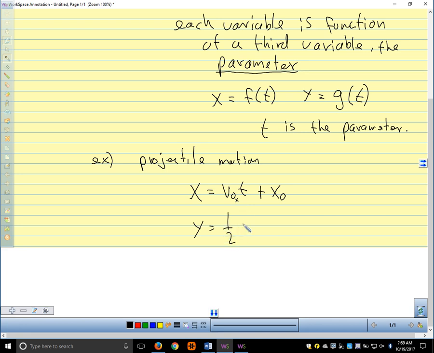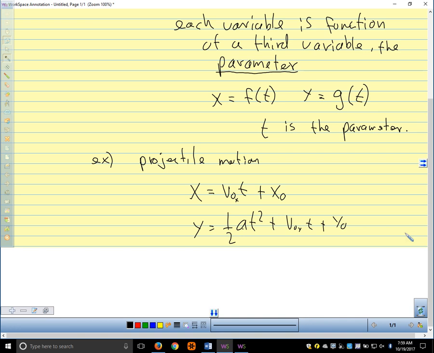And then y equals 1/2 a t squared plus v0y t plus y0. Our acceleration usually is acceleration due to gravity. This is a set of parametric equations, and our parameter is time. We plug in any value of time, and we know the x coordinate and the y coordinate.